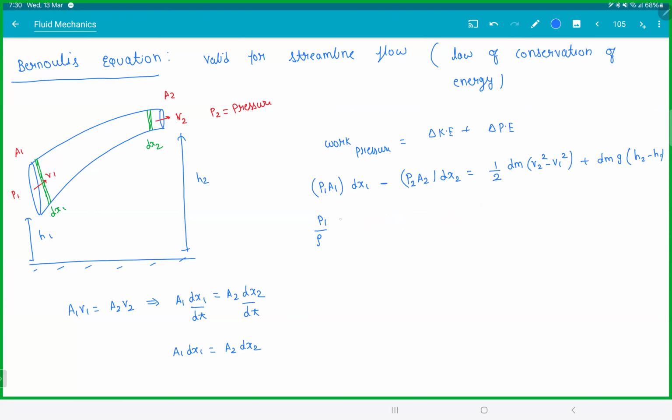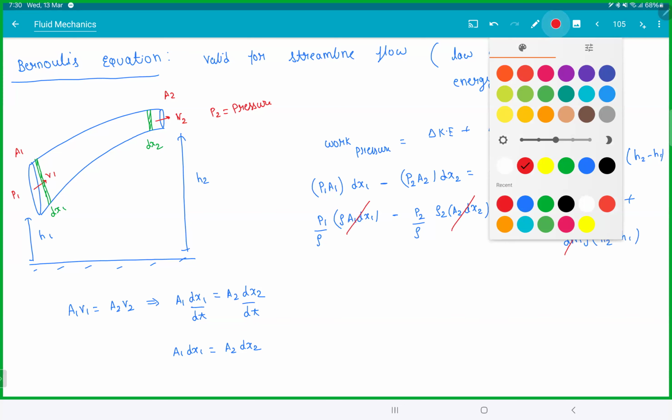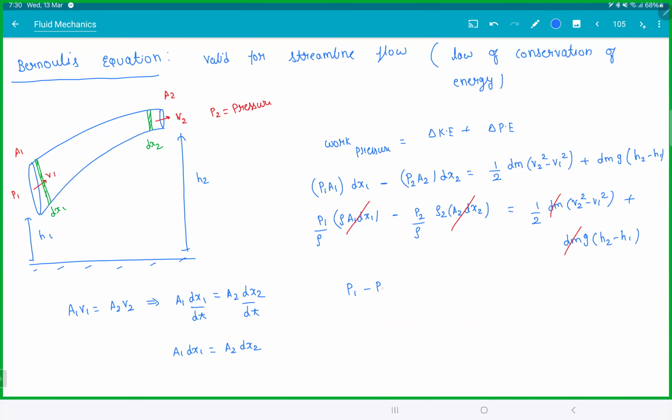So P1 by rho will become rho A1 dx1, P2 by rho will become rho A2 dx2. This is nothing but mass. dm will cancel off. You end up with simply P1 minus P2 is half rho (V2 square minus V1 square) plus rho g (H2 minus H1).